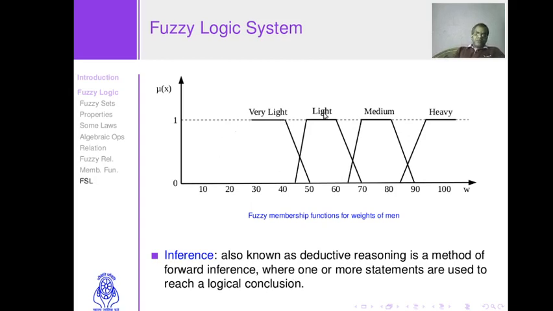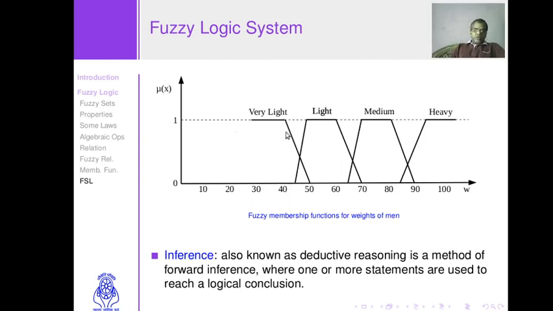So we say that a man under 40 kg is definitely a very light man. And as we approach 50 kg, the degree of membership to this fuzzy value, very light, decreases.